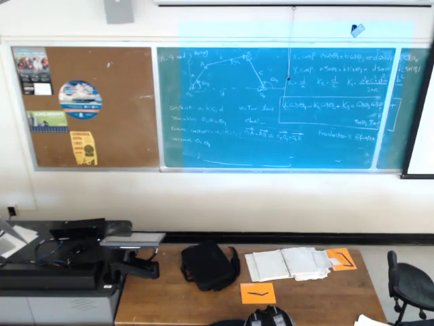So if this is true, then cosine of theta 4 is 1 minus t squared, divided by 1 plus t squared. And sine of theta 4 is 2 times the tangent of the half angle, which is 2t, divided by 1 plus t squared.